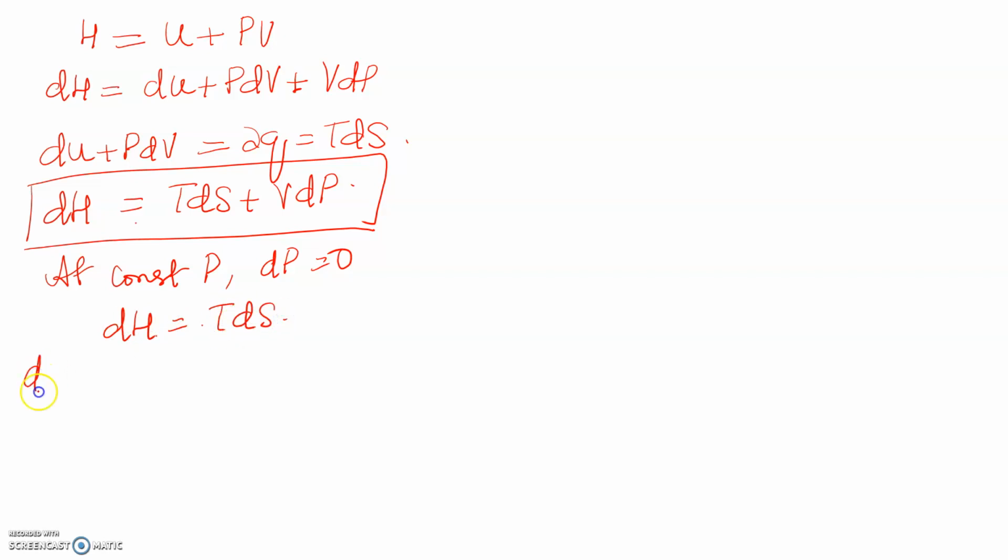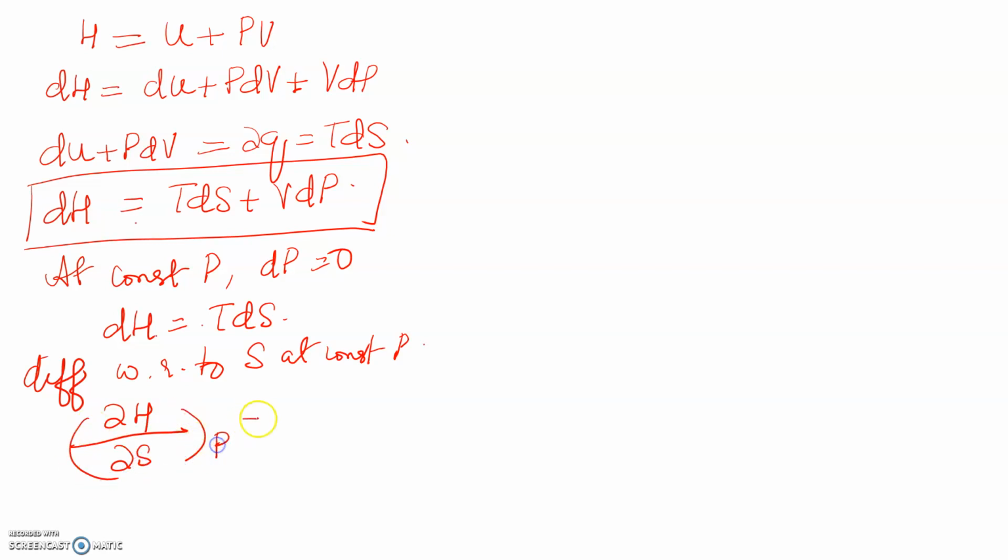Now we have to differentiate with respect to S. At constant P, we get ∂H/∂S at constant P is equal to, what do you get? T into ∂S/∂S at constant pressure, that is 1. ∂H/∂S at constant P is equal to T.